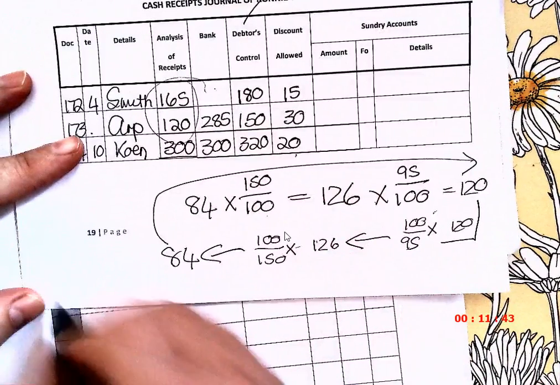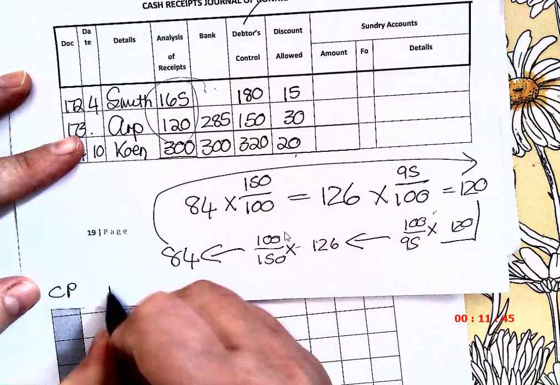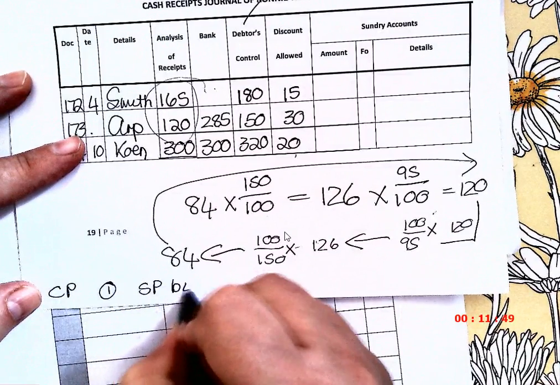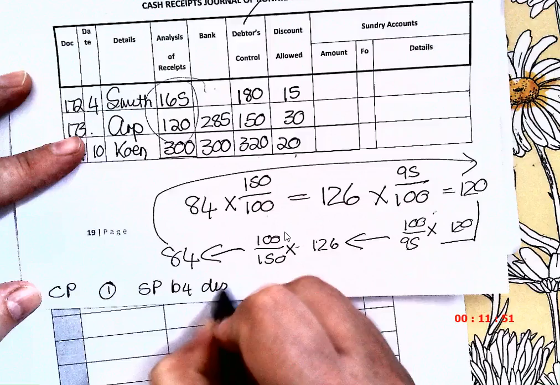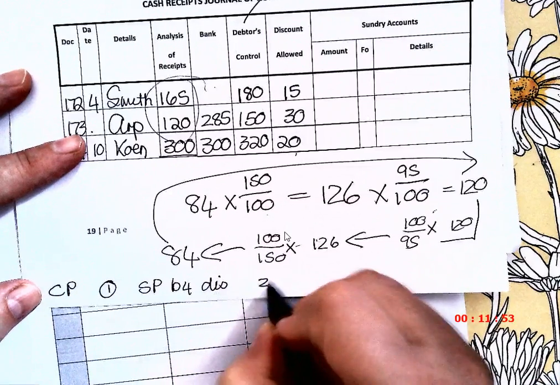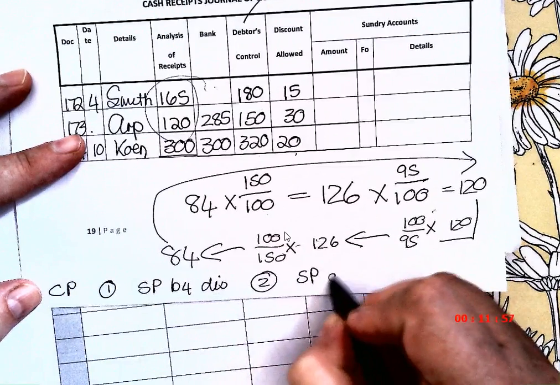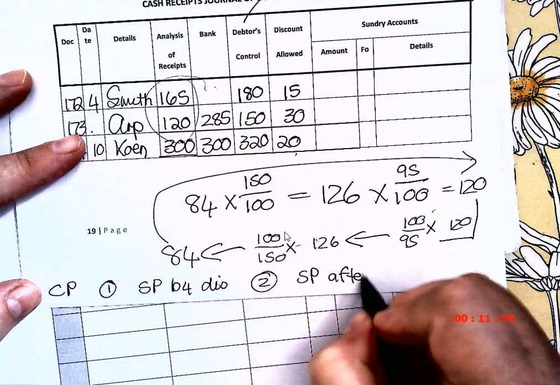If I give you the cost price, your first step is to calculate the sales price before discount. Then your second step would be to calculate the selling price after discount. Okay?